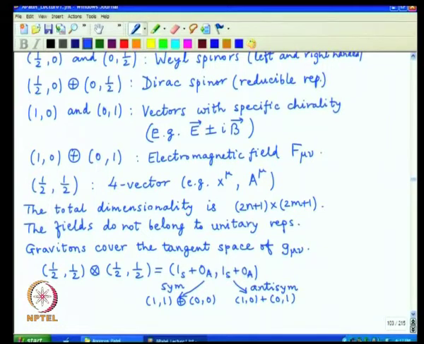The gravitons with spin 2 thus belong to the representation (1,1) and are symmetric under parity and charge conjugation.